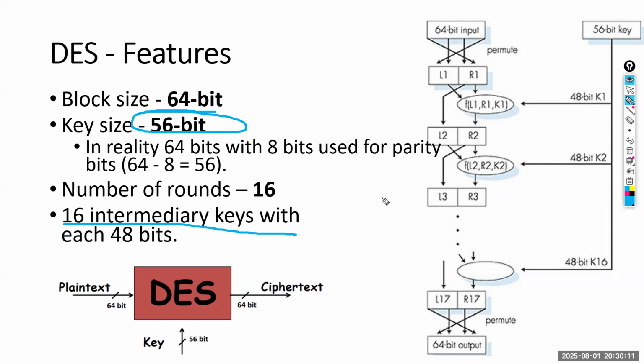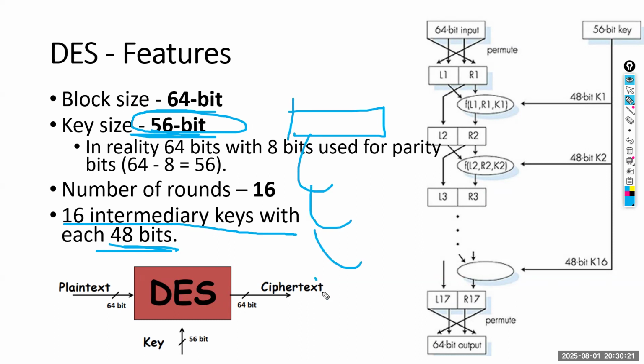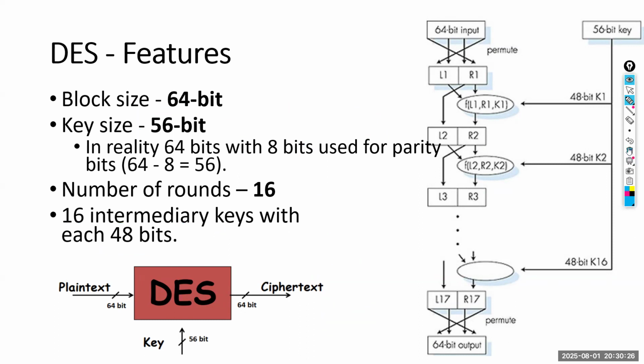But these intermediate keys are 48 bits. Your key is 56 bit, but the intermediate keys are 48 bit, because from this 56 bit key it generates multiple intermediate keys. Because each step you need a key: K1, K2, K3, and so on.